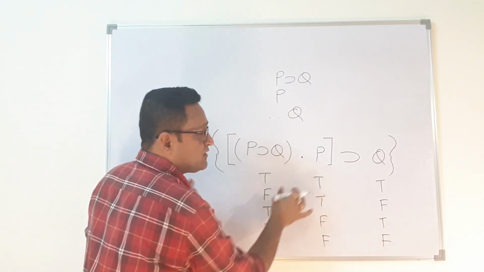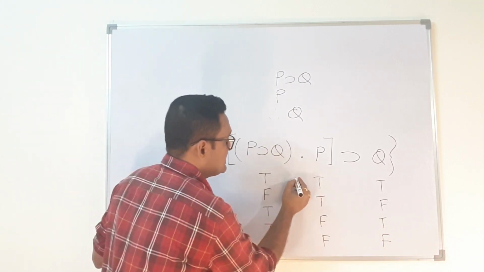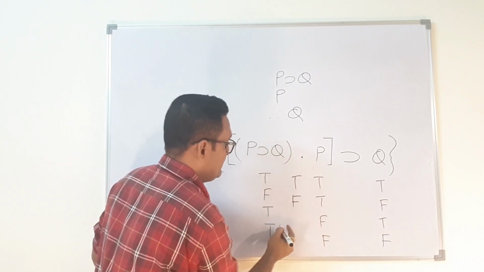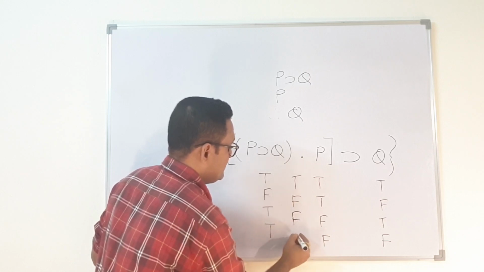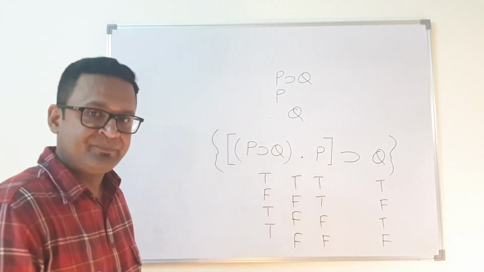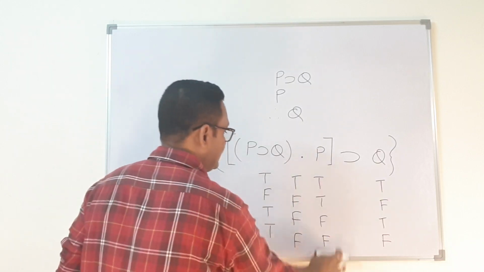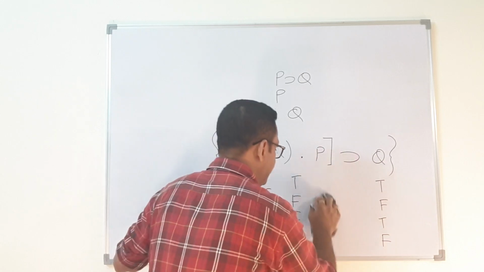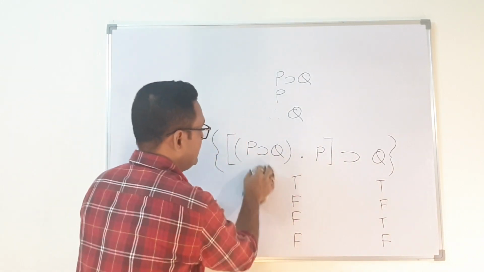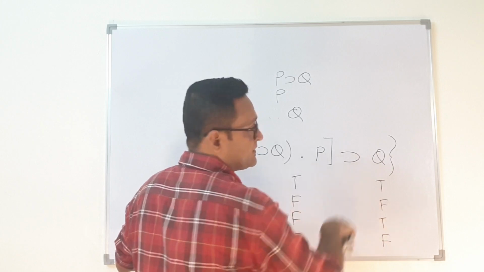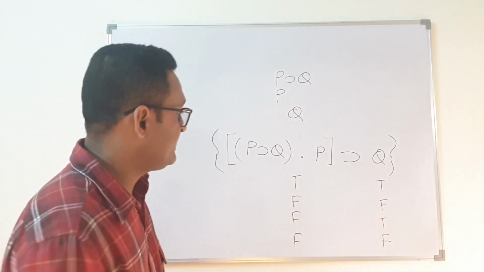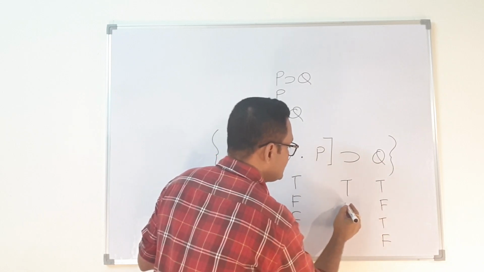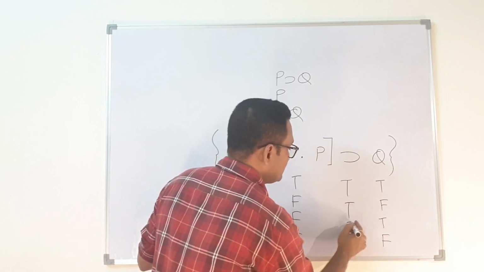The conjunction of P implies Q and P will be true, false, false, false. Now we can forget these two columns, so I take them off so that you are not confused. We need to find the implication of this with Q. True implies true is true. False implies false is true. False implies true is true.